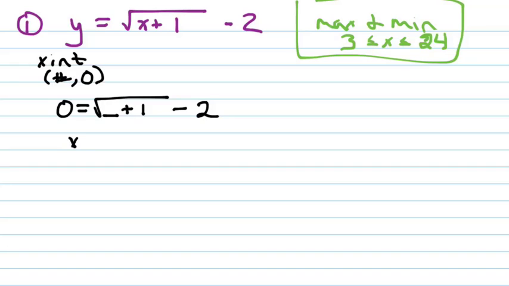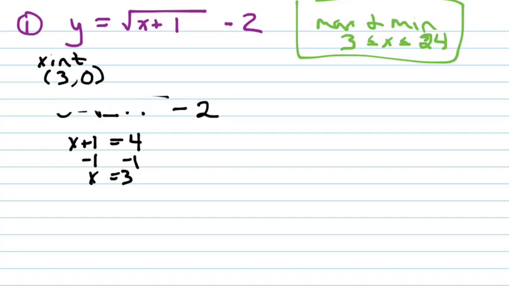So I need x plus 1 to equal 4, because if I took the square root of 4, I would end up at 2. And when I subtract the 1, x is equal to 3. So my x-intercept is 3, 0.